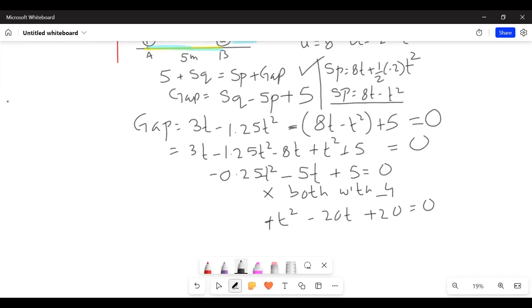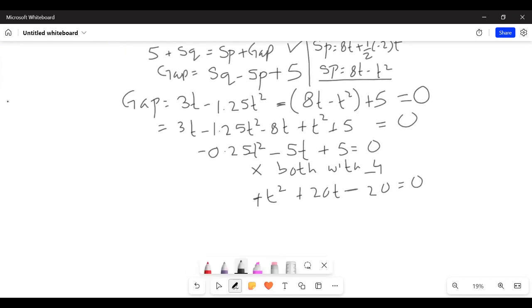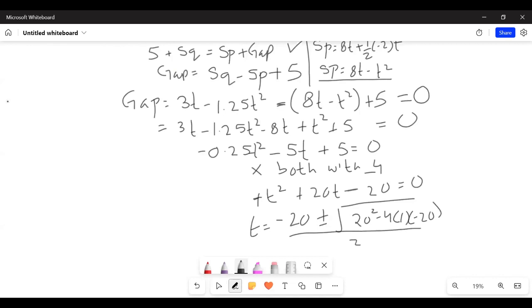Solve this quadratic equation using quadratic formula or middle term breaking if it's possible. I don't think middle term breaking is possible. So we use quadratic formula: t equals minus b plus minus square root b square minus 4ac over 2a.